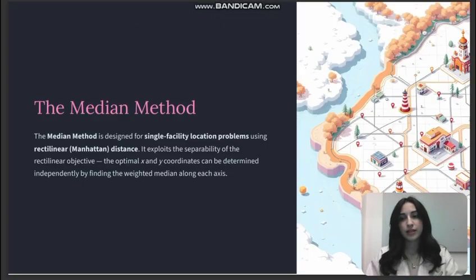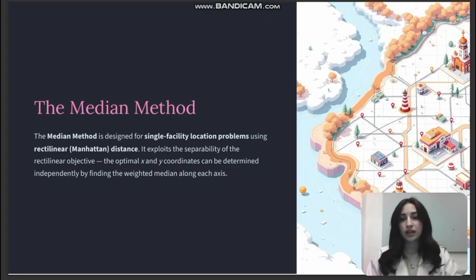I will firstly mention the median method. This method is designed for single facility location problems, and it uses Manhattan distance. The separability of the rectilinear objective is the key point in this method.